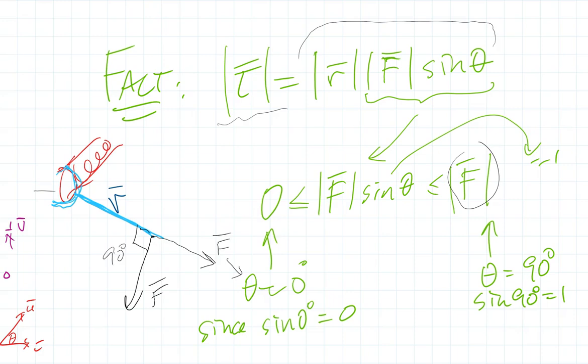because the part of F that is determining this torque will depend on the angle between R and F, okay? And so to multiply that times R will certainly give us an expression for the torque.